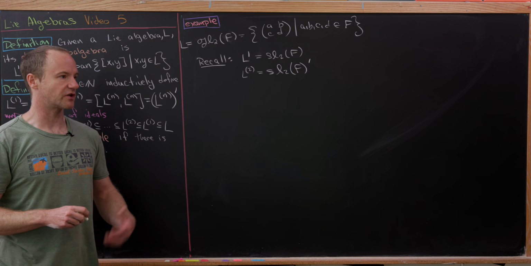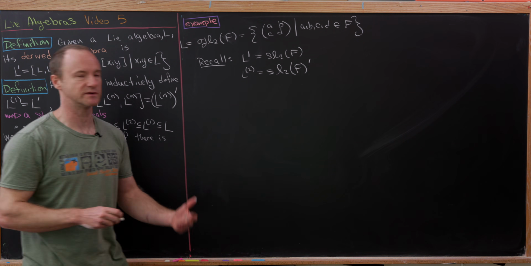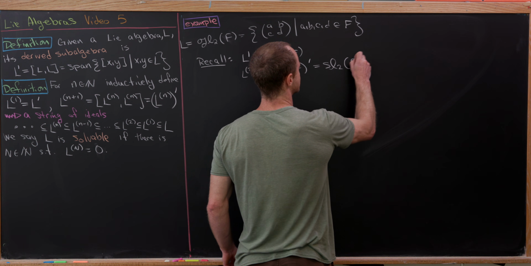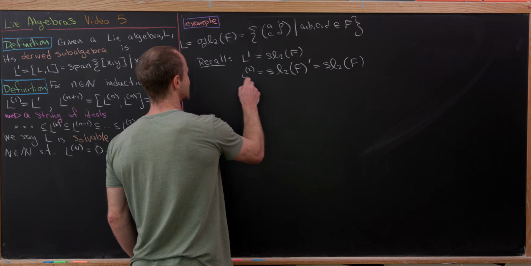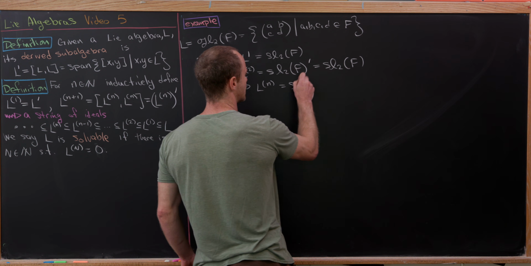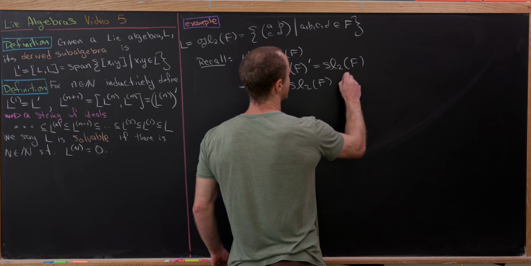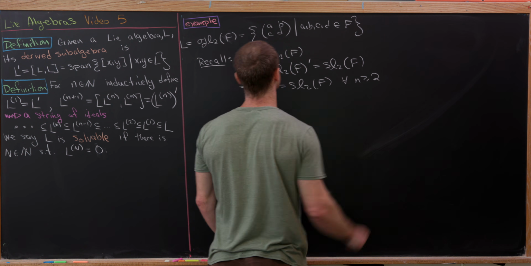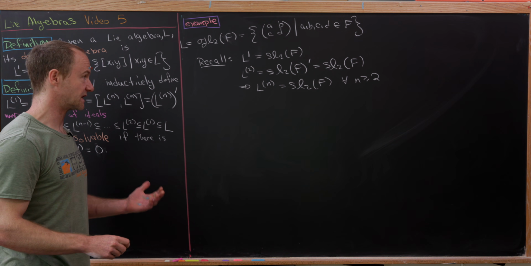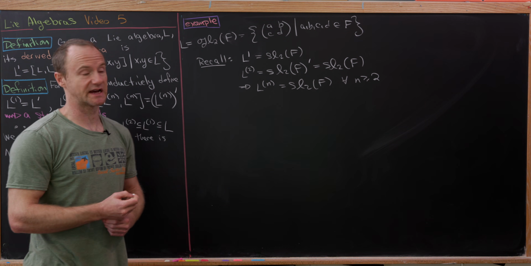But we showed that the derived subalgebra of SL2 was SL2. So this is equal to SL2 as well. But then that's going to continue on and on and on. So L upper n will be equal to SL2F for all n bigger than or equal to 2. So that's never equal to 0. I think that's pretty clear because it's always equal to SL2.